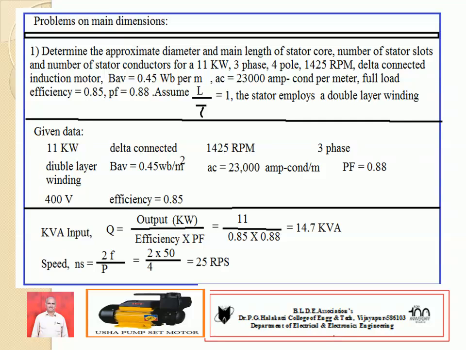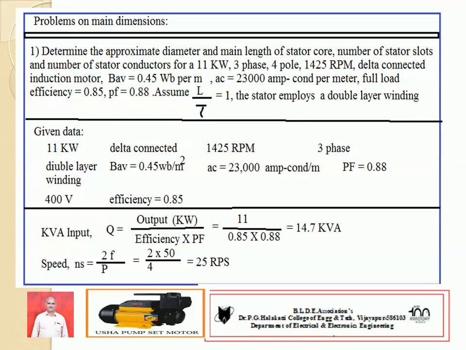One problem may have 10 marks. It may consist of a maximum of 10 to 12 marks. So what is the easiest way? In the last class I pointed out, you have to remember C naught equal to value, then Q equal to value, then synchronous speed.